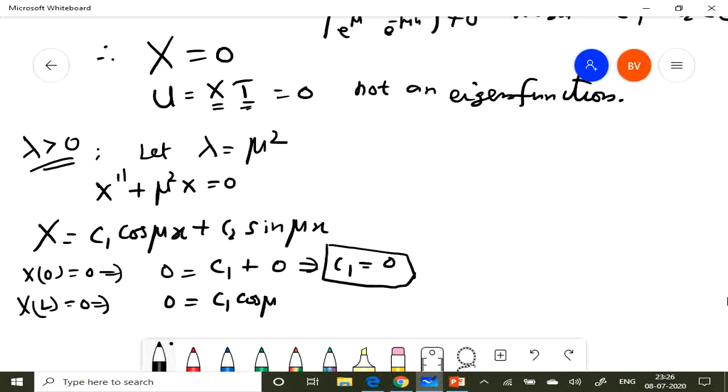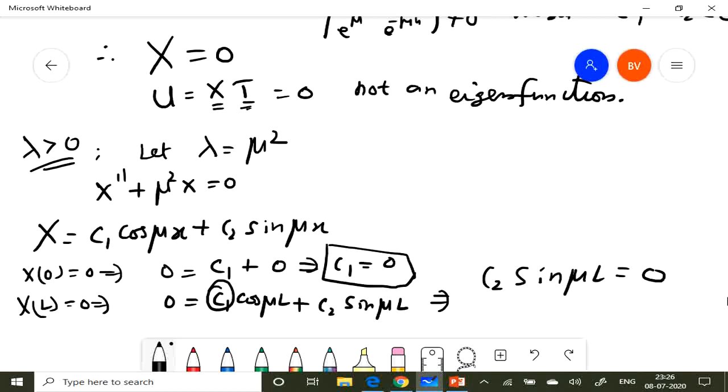Let me check c2. X of L is 0, left hand side is 0, c1 cosine mu L, but we know c1 is 0, so this term is 0, plus c2 sine mu L. So what we get is c2 times sine mu L is 0. The product of them is 0.